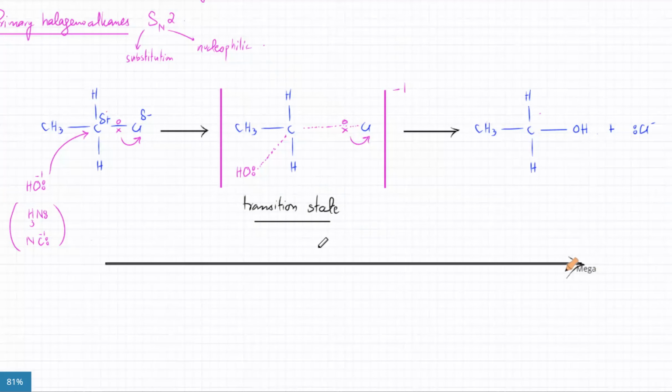It's like a hypothetical state because you're never going to get this in the mixture. This is a highly unstable state. It might form just for a brief instant, a millisecond or microsecond or nanosecond, in the middle of the reaction. So the entire reaction is a one-step reaction.